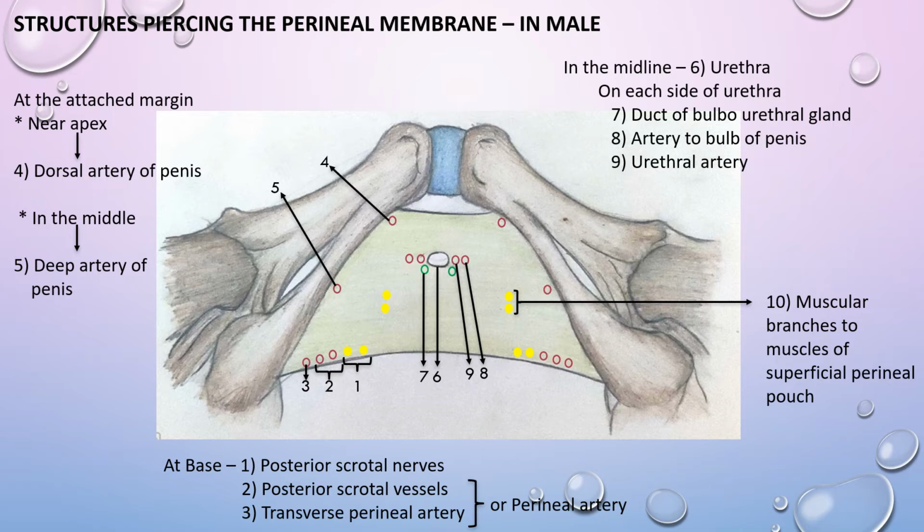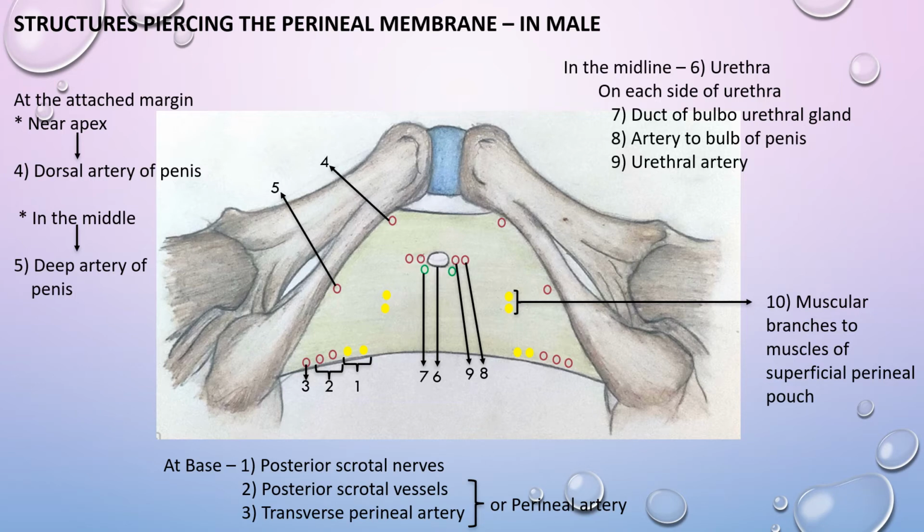Then along the attached margin, near the apex, the structure piercing is the dorsal artery of the penis. In the middle of the attached margin, the deep artery of the penis pierces the perineal membrane. Then in the midline, the urethra pierces the perineal membrane.